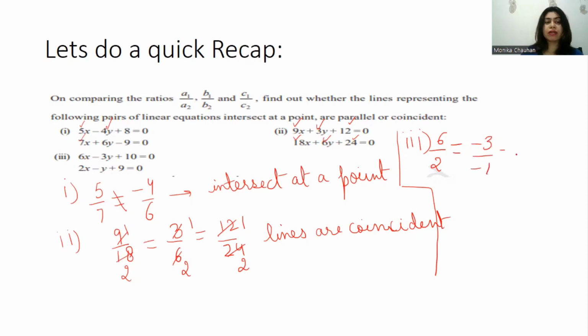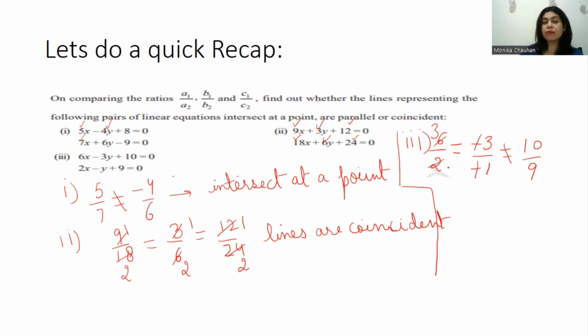Then you have 10 upon 9. Do you think 6 upon 2 is equal to minus 3 upon minus 1? Let's see. You can divide 6 by 2. Yes, answer is 3. And here also minus minus cancels out, and then you have got 3 and then 10 upon 9. This 10 upon 9 is not equal to any of these.